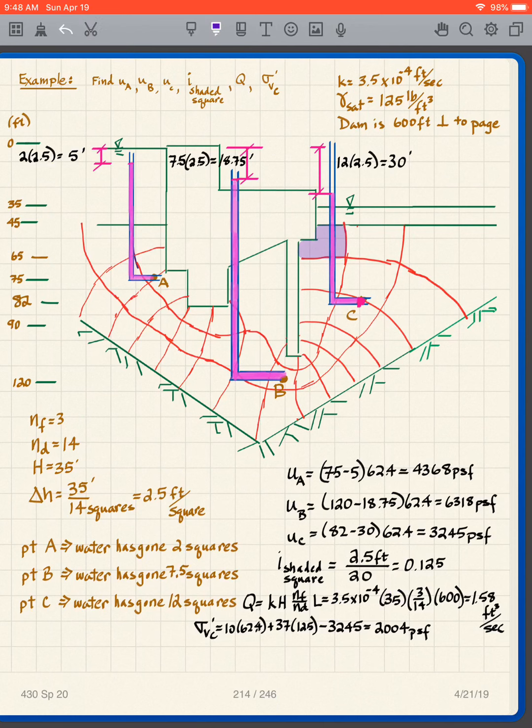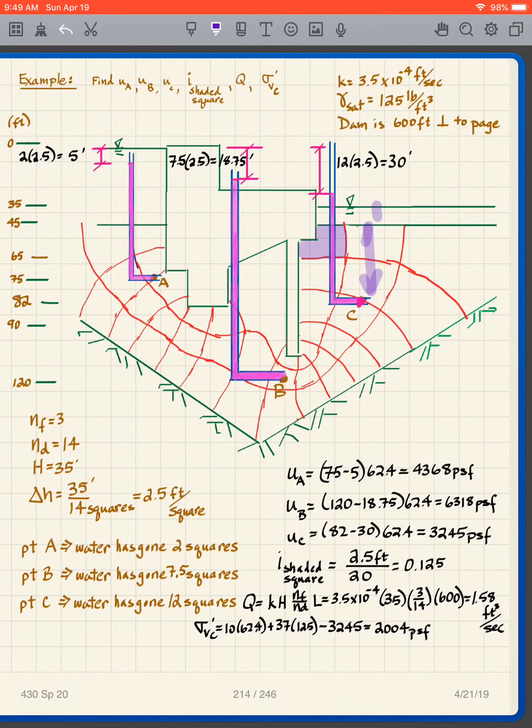For my sigma V prime at C, I have to use the U at C, which is 32.45. So at point C, I have 10 feet of water, and then I have 37 feet of saturated soil.